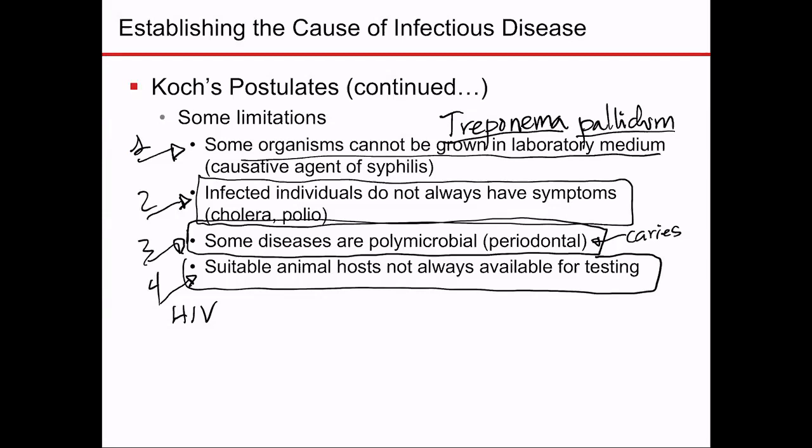And then now you need to use different techniques in order to establish that relationship between the disease and the pathogen. As I mentioned before, it could be through immunoassays.